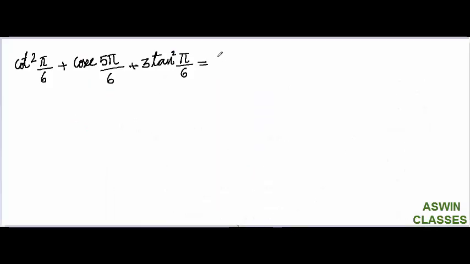You have to prove this. So cot pi by 6 is actually cot 30. Cot 30 will be root 3.